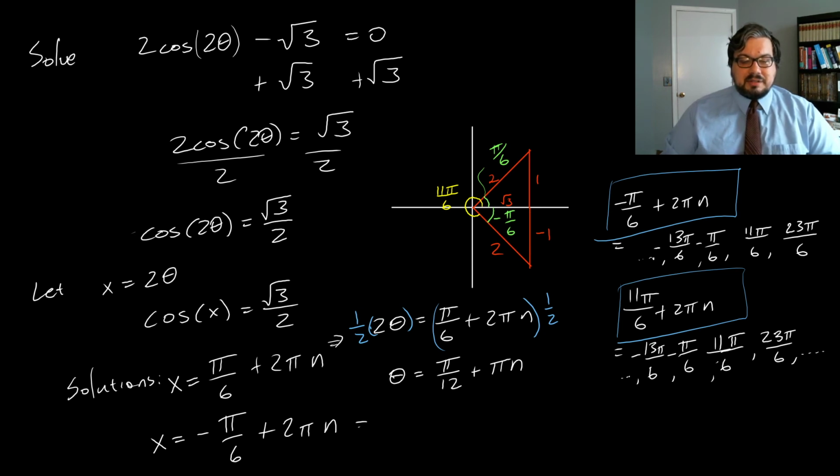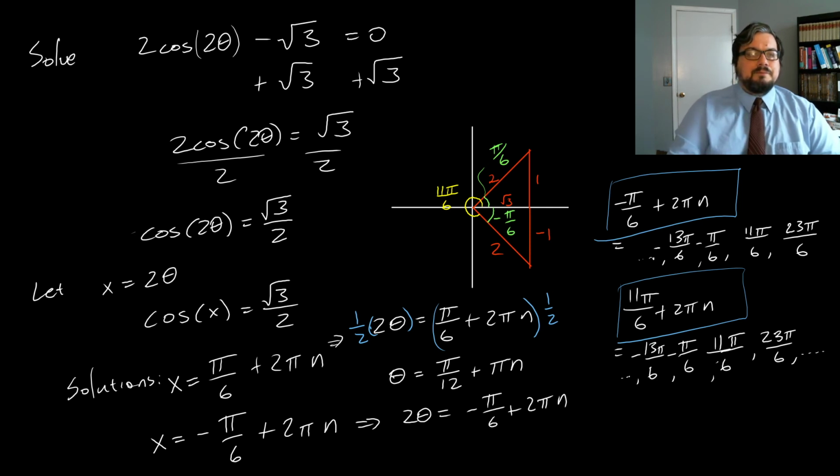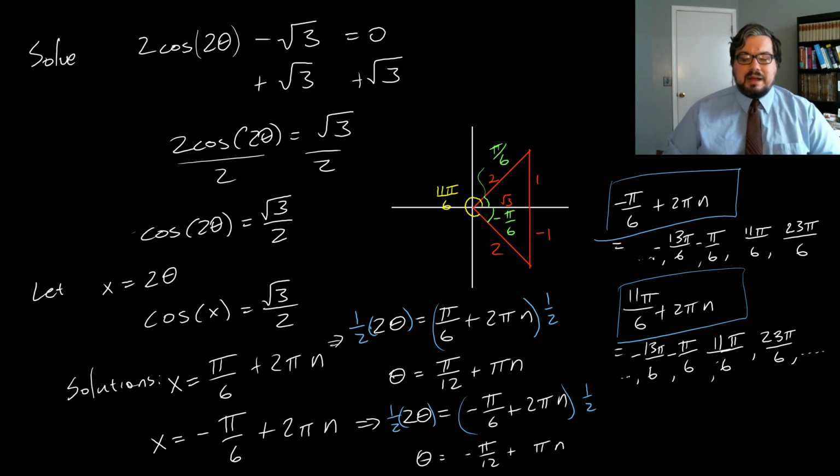And then similarly, if x is equal to negative pi over 6 plus 2 pi n, that means that 2 theta equals negative pi over 6 plus 2 pi n. We'll multiply by 1/2 on the left and on the right side of the equation and get theta equals negative pi over 12 plus pi n.